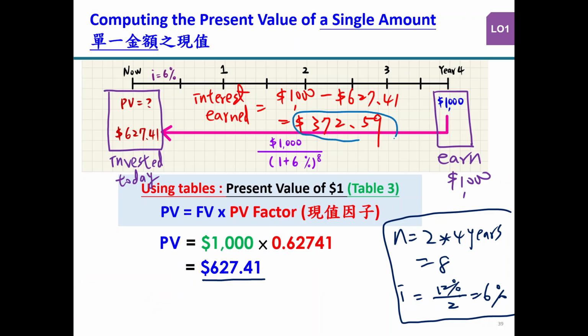So this is the interest you earned. Okay? So did you find out which case you can earn more interest? The second one, right? Because when your interest occurs more frequently, then you can earn more interest. Okay?